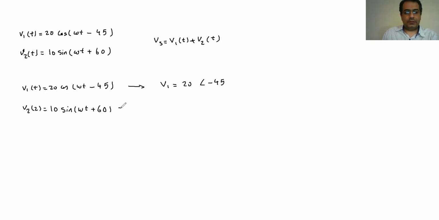And then we have to convert it to cosine. To convert it to cosine, just subtract 90 out of that, which is going to be negative 30. And now I can convert it to phasor. So the V2 is going to be 10 with angle of negative 30.